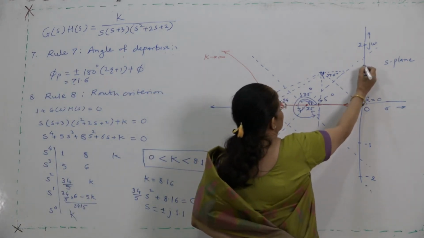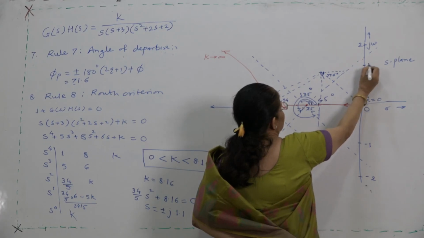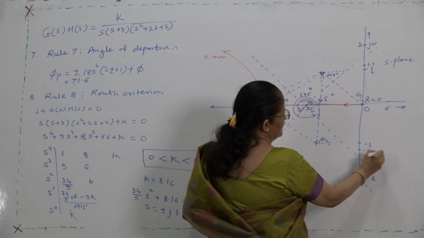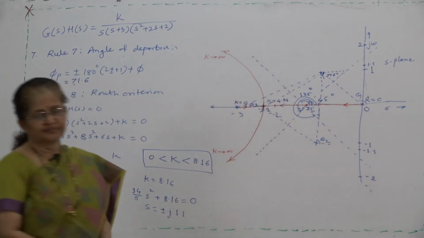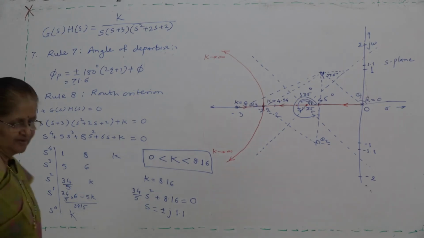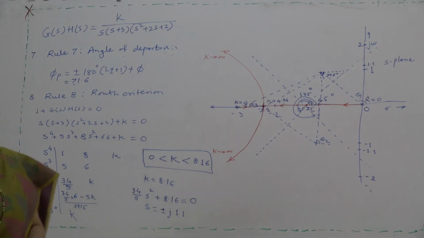I think it is easy. s square is equal to minus 8.16 upon 6.8. Whatever is the value of s square, then you have to find the root. As it is minus, you will get imaginary roots, and it is plus minus j 1.1.